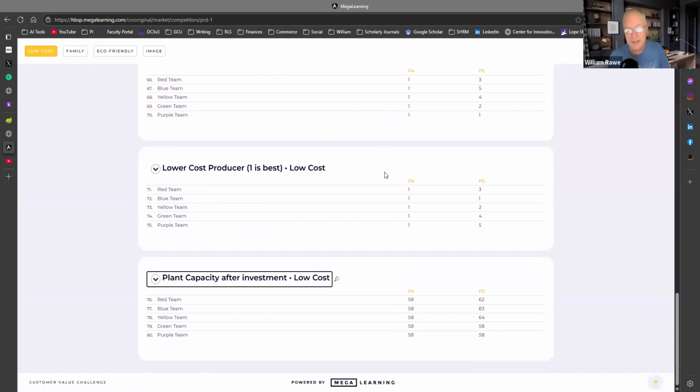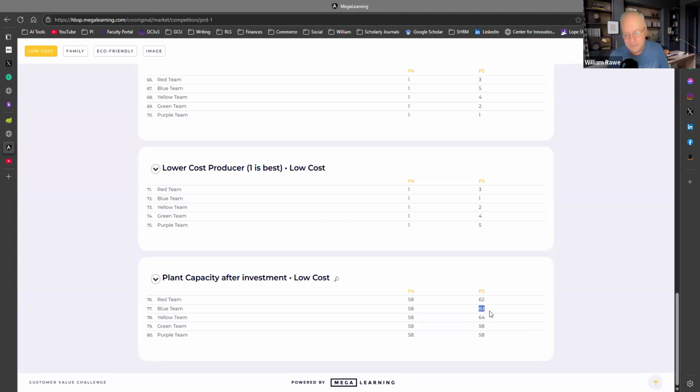And now we can look at plant capacity. So here's what everyone's plant capacity is going to be. You can see everybody started at 58. Green and purple are still 58, which tells you they did not invest in their low-cost facilities, but red, blue, and yellow did.